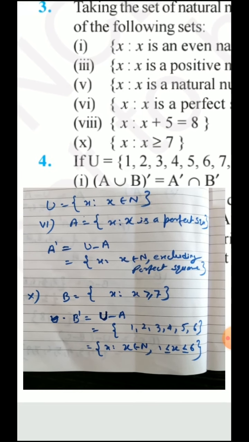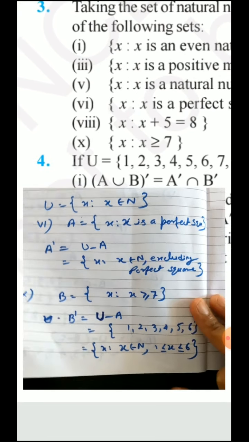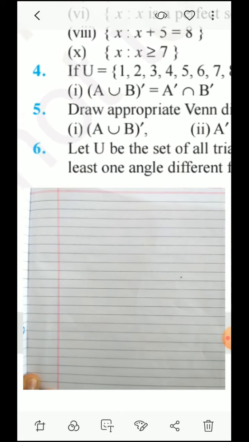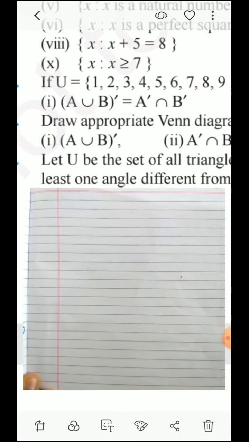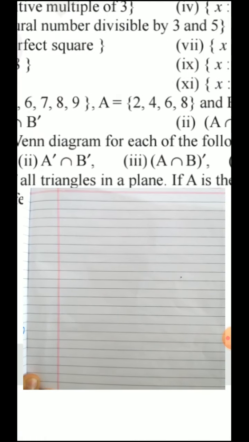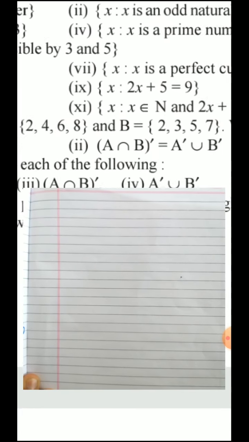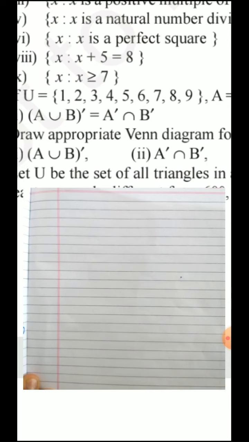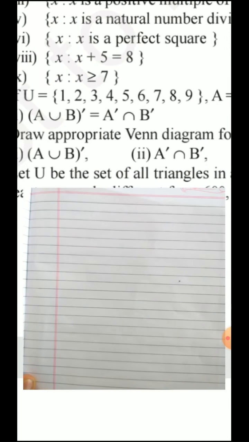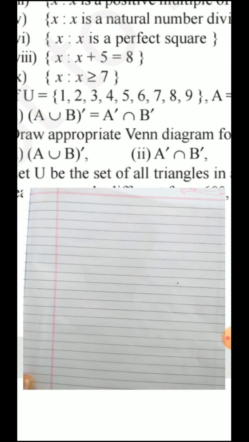Now come to the next question. Question number 4. If a universal set is given and any sets A and B, verify that (A union B) dash equals A dash intersection B dash. This is De Morgan's law.